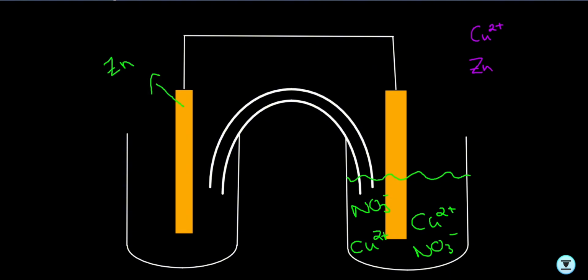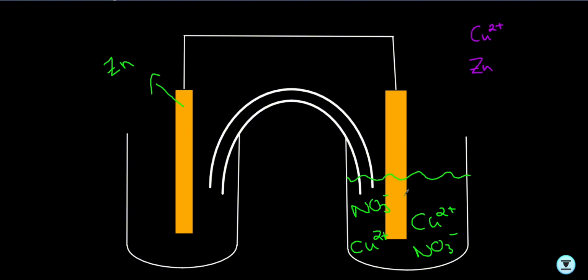Now, the general way we imagine these spontaneous reactions happening is that the electron moves directly from one species to the other. It's kind of different in a galvanic cell because you've got this intermediary, you've got this metal wire. The electrons are going to move from the zinc through the electrical wire all the way down to this electrode to then go and reduce the copper.